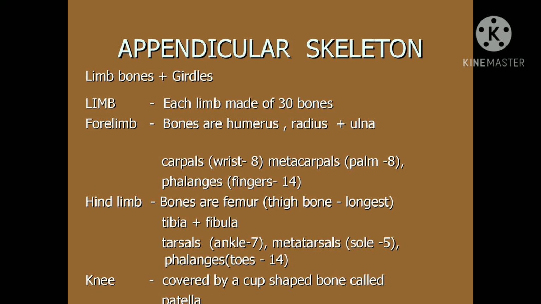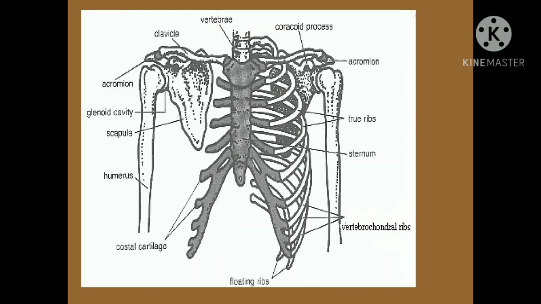In elderly age, this knee bone may be damaged during walking. Here you can see the picture of the vertebrae and how the true ribs and floating ribs are there. This is a clear image of a semi rib cage.